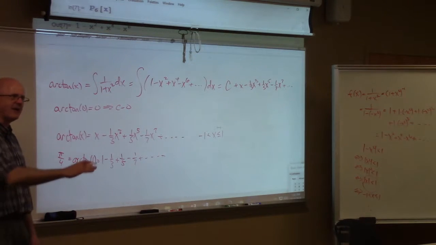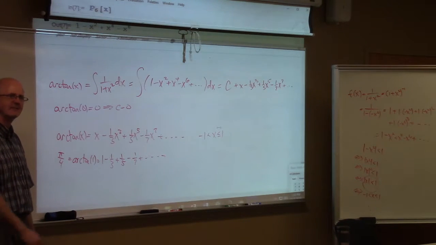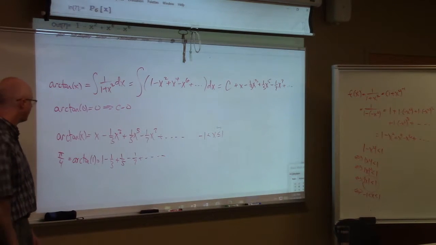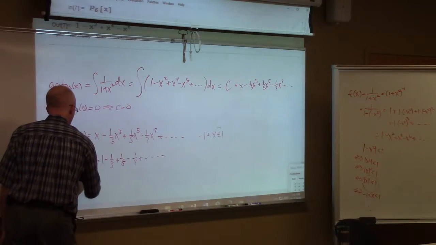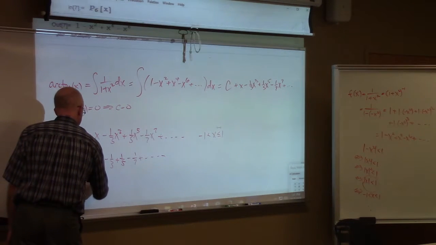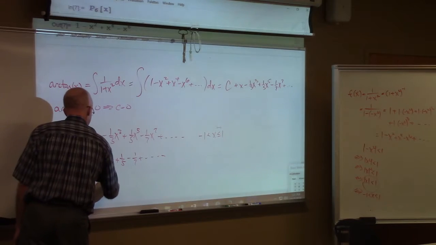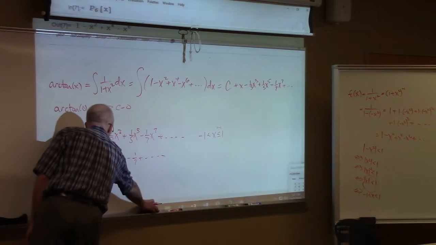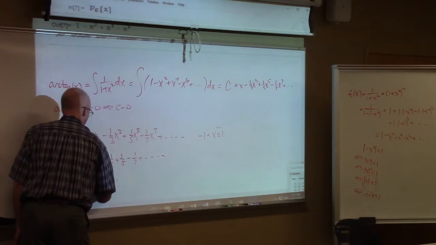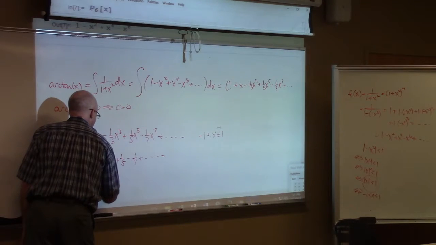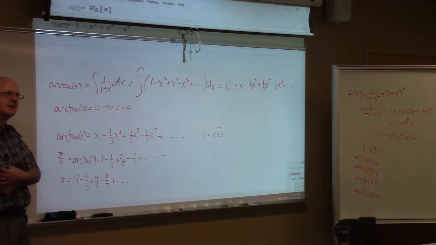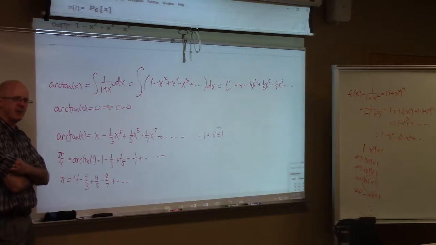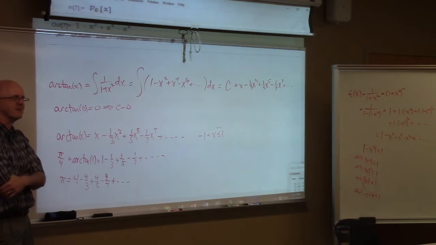It's the angle whose tangent is 1, that's 45 degrees, pi over 4 in radians. And therefore, evidently, pi is 4 minus 4/3 plus 4/5 minus 4/7, etc. We can represent pi as an infinite sum that way. Interesting. And that was kind of a revelation when it was discovered.